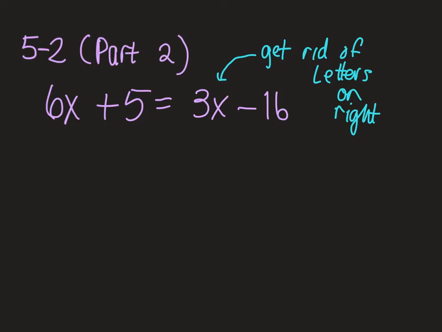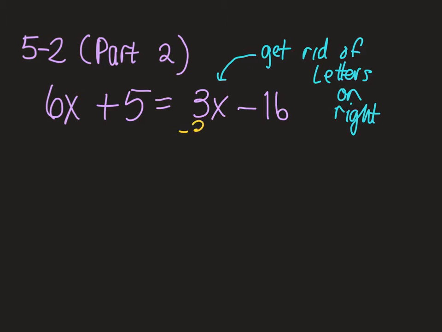Students have the most success, it seems to be the easiest, when they add or subtract this 3x, or whatever x it is, and get rid of this first. You don't have to. I'm just telling you, that's what I've seen most students do the best with.